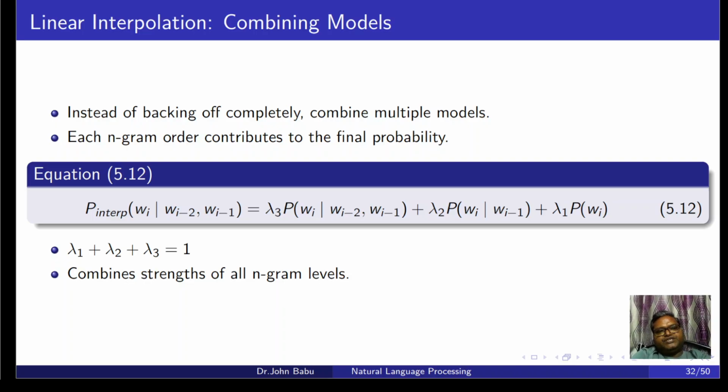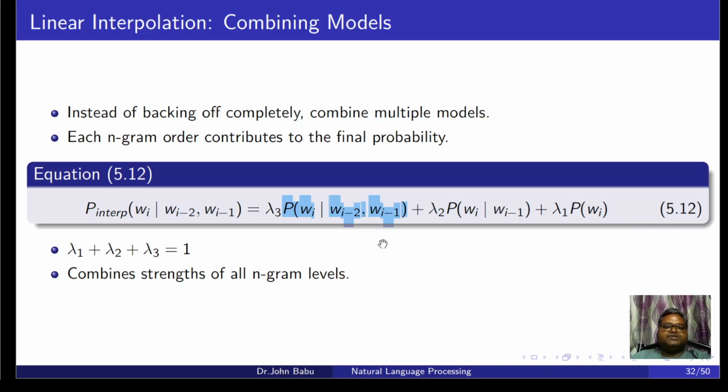Instead of that, we can use another method of smoothing known as linear interpolation. That means take the unigram probability multiplied by a factor lambda 1, take the bigram probability multiplied by factor lambda 2, take the trigram probability multiplied by lambda 3. That is linear interpolation. Even if the trigram is 0, you still have a non-zero probability here.